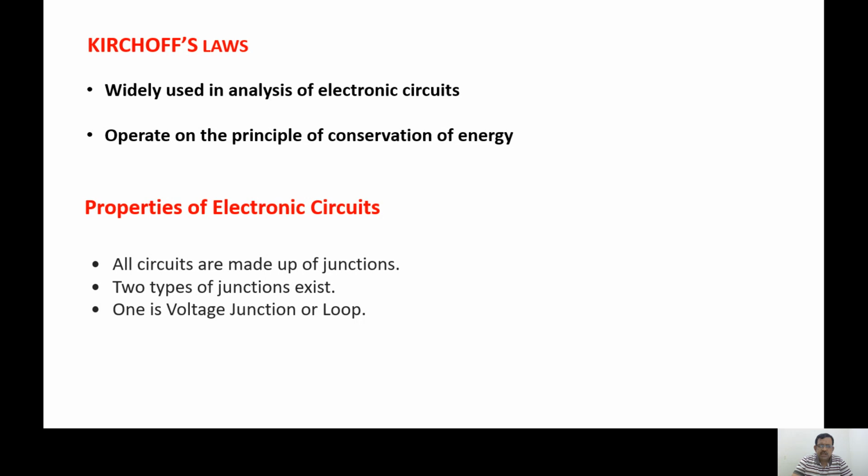One is the voltage junction, the other is the current junction. The voltage junction is called the loop and the current junction is called a node. We'll see why. In a voltage junction, all voltages meet, so within the loop, all voltages meet.